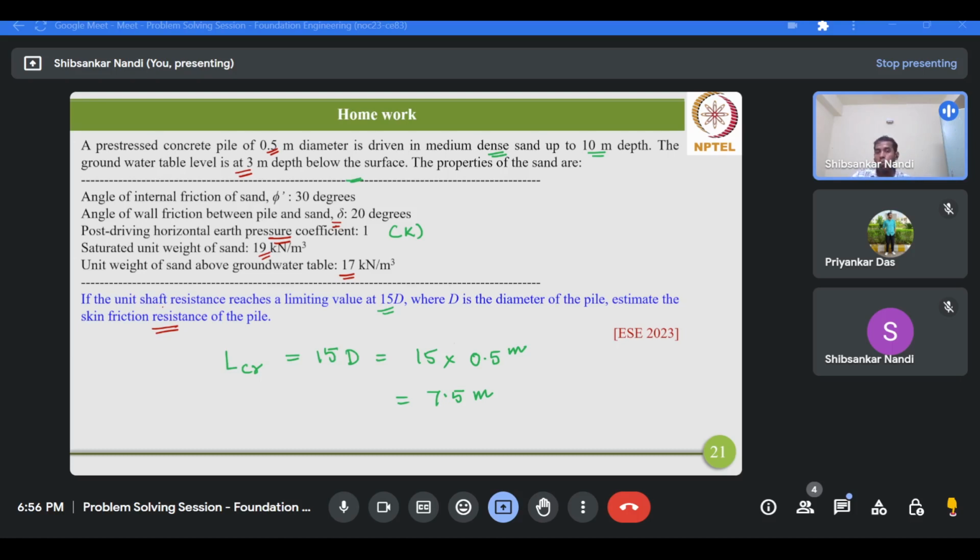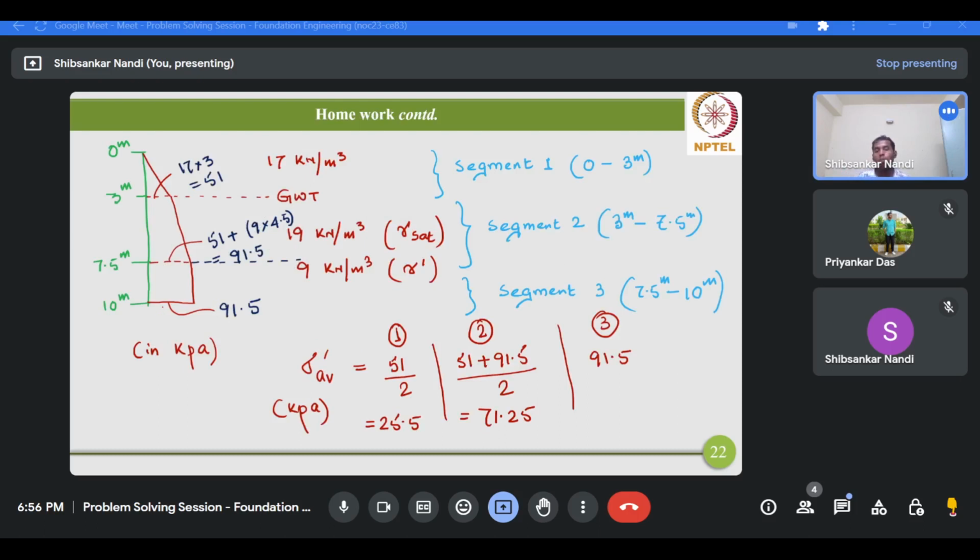Unlike the previous two problems, in this problem we have considered the concept of critical length. While incorporating the critical length concept, you have to be very careful about the variation of the effective vertical stress. Up to the critical length you get the effective vertical stress distribution in the usual fashion. However, beyond the critical length there is no variation in the effective vertical stress.